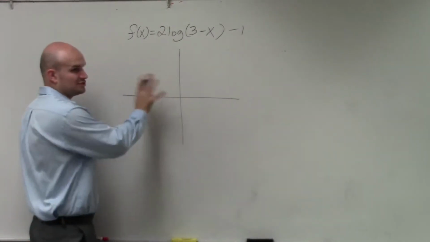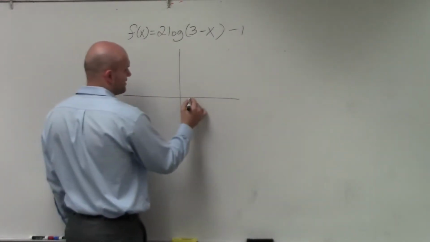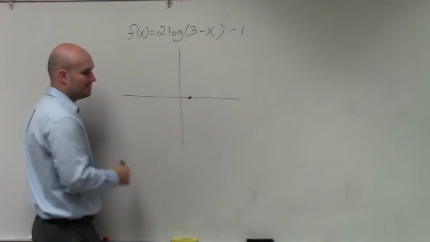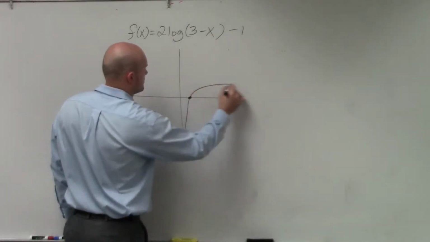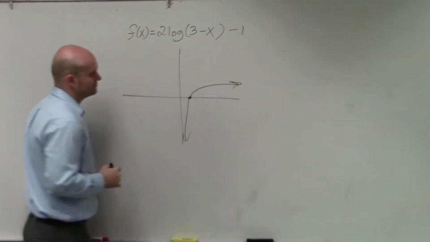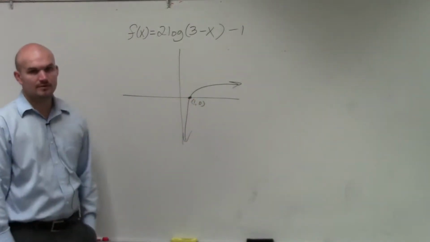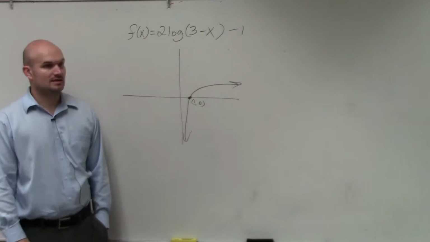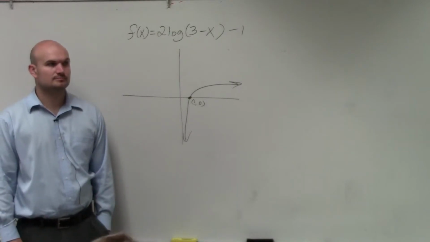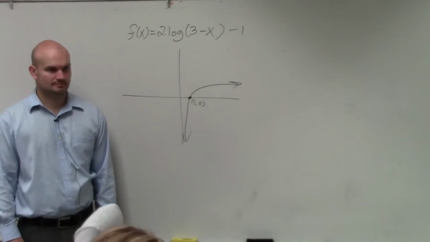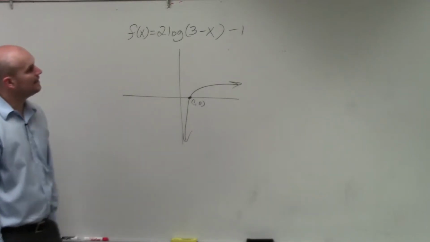So first of all, let's just graph what the normal logarithmic graph looks like. It crosses at (1, 0), and just looks something like this. Correct? Yes? OK.